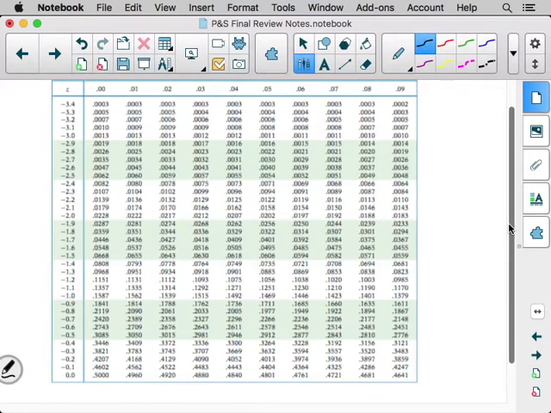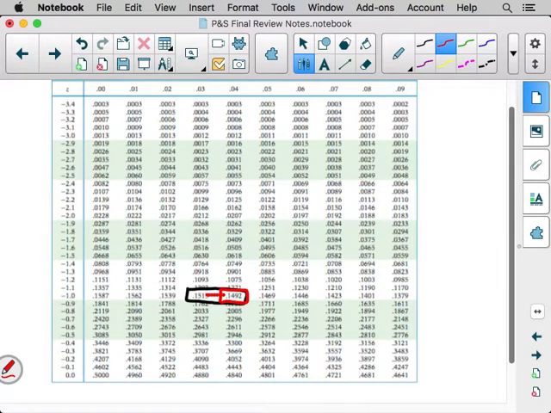So 0.15, the closest we're getting is it's going to be in between here, right? That's where the 0.15 is going to be. Now, I always go to what it is closest to. So technically, this one is going to be closer to it.